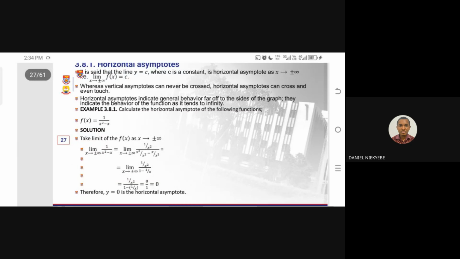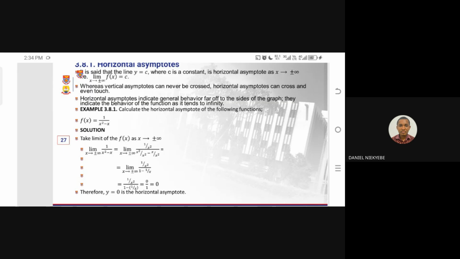So there is an example here that we want to look at. We have f of x is equal to 1 over x squared minus x. We are being asked to find the horizontal asymptote. So what you do is you take the limit of the function 1 over x squared minus x as x approaches plus or minus infinity.